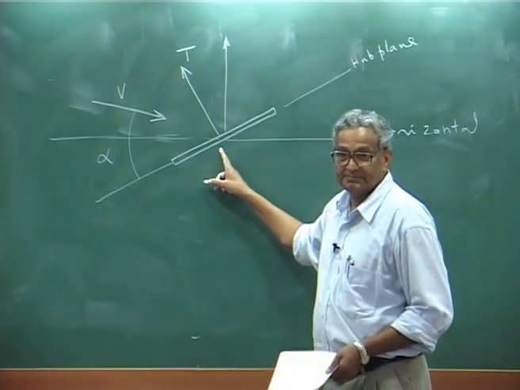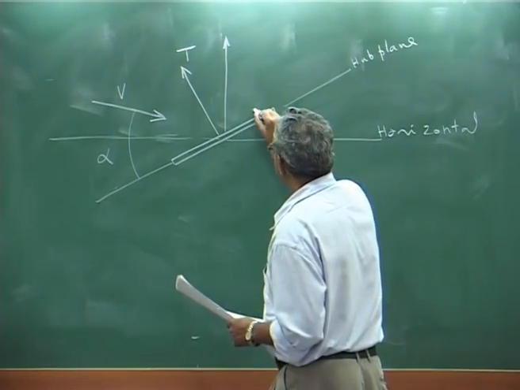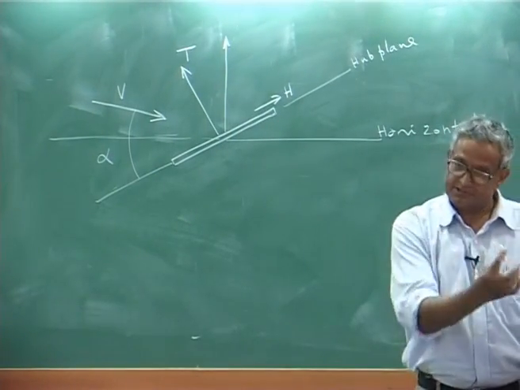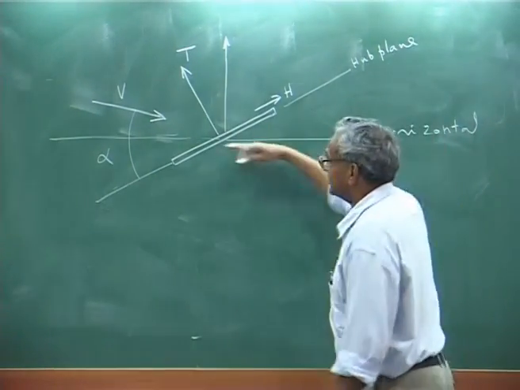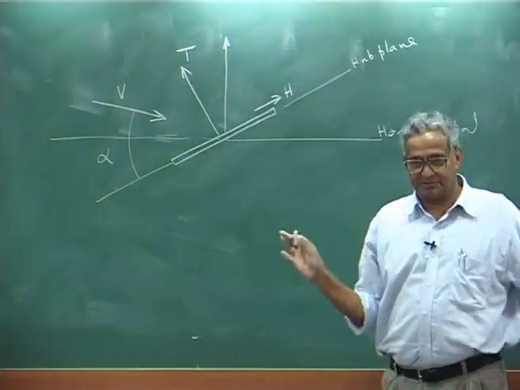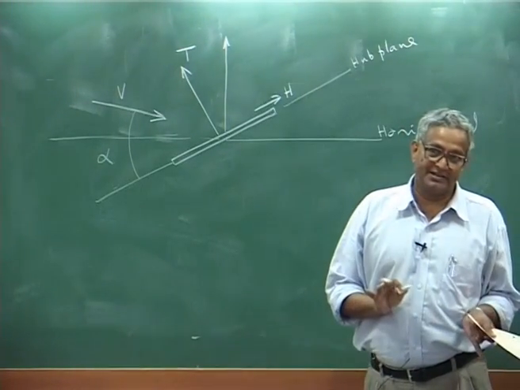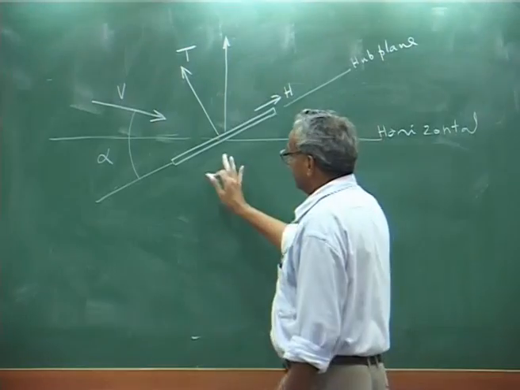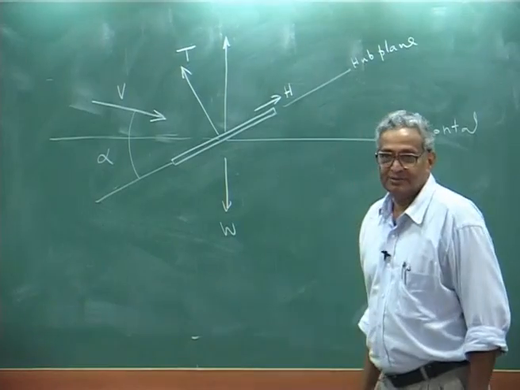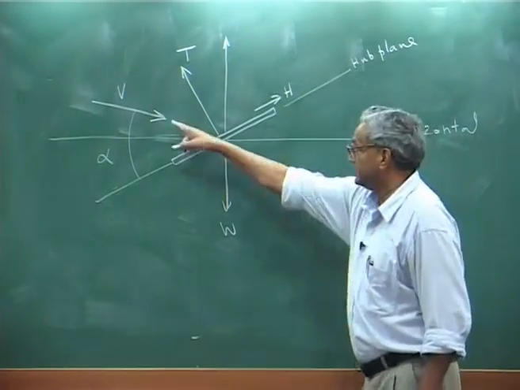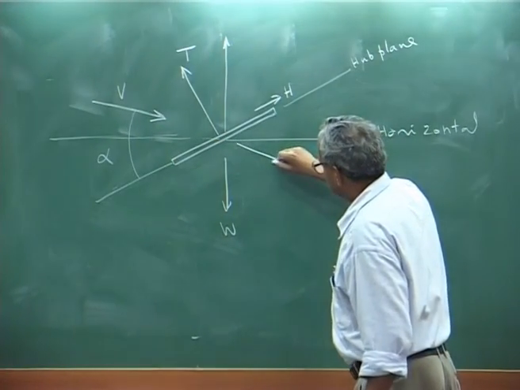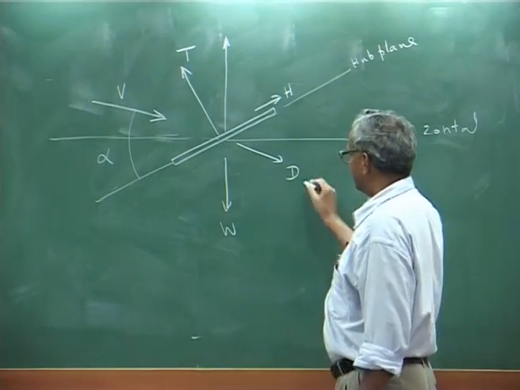Now, my thrust is given normal to the hub, and this is my H force. Because the helicopter is flying like this, this is the H, and there is the weight of the helicopter, and a drag force on the helicopter. The weight of the helicopter is down, and the drag force is along V. So, I am putting this as drag on the helicopter.